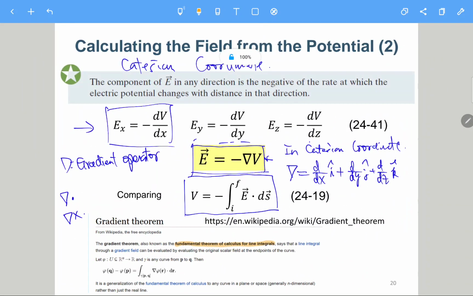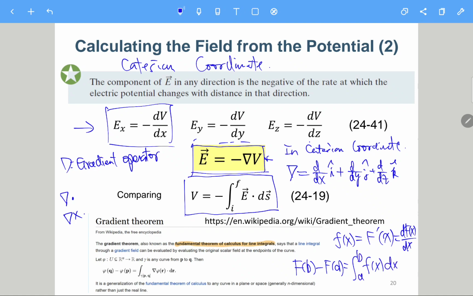Actually, when you learn calculus, you know that if you have f of x equals f prime of x, or df/dx, then the fundamental theorem of calculus tells you that f of b minus f of a equals the integral of f prime of x dx from a to b.